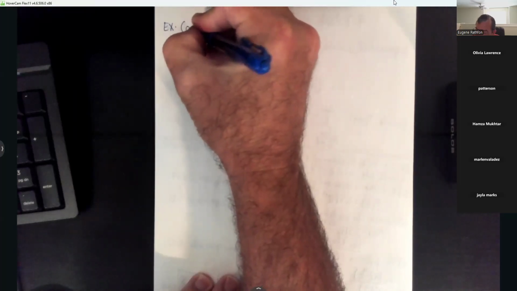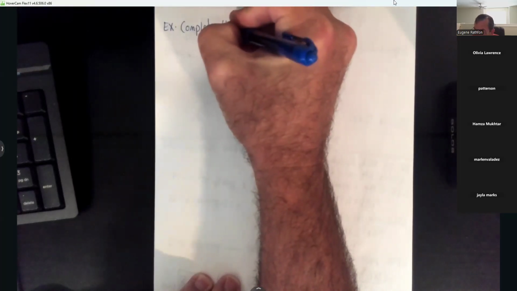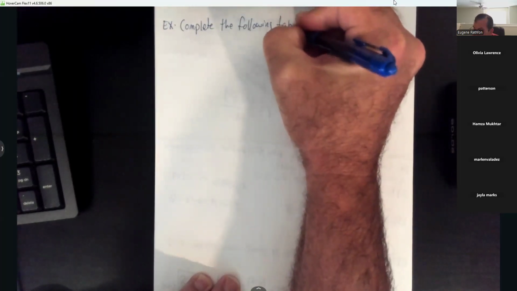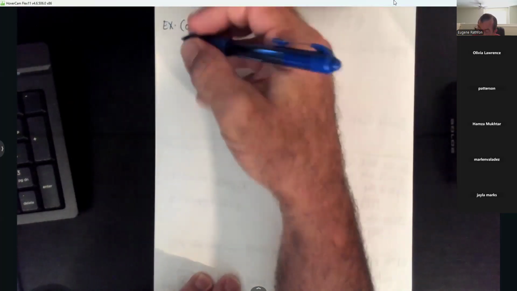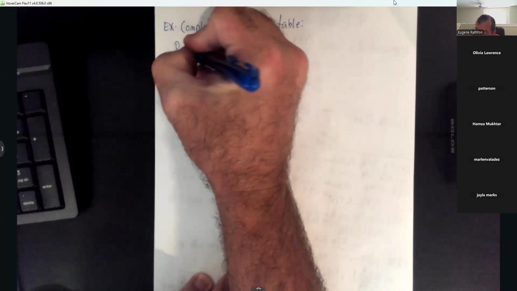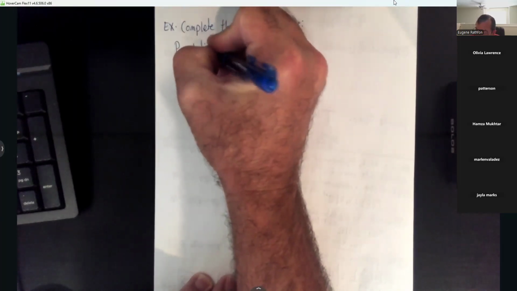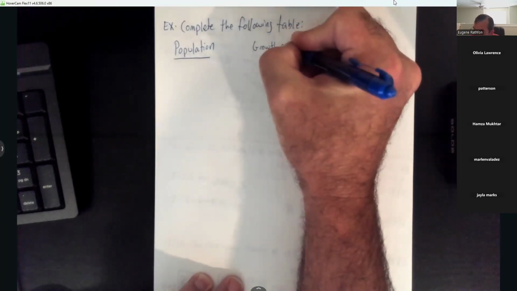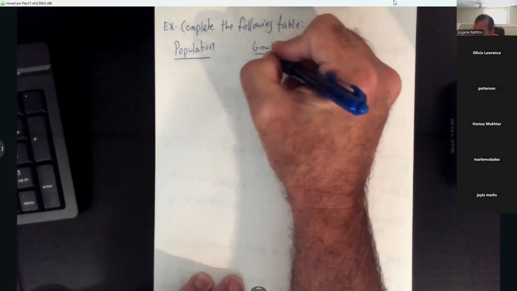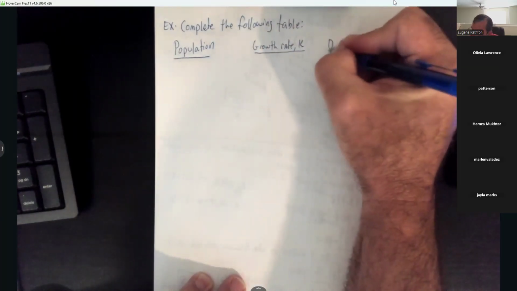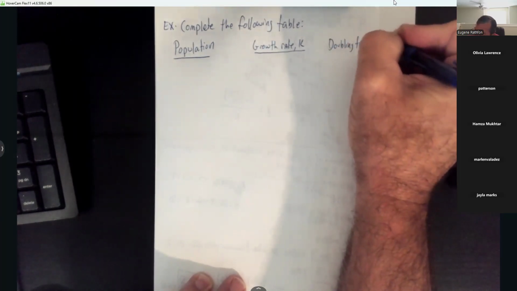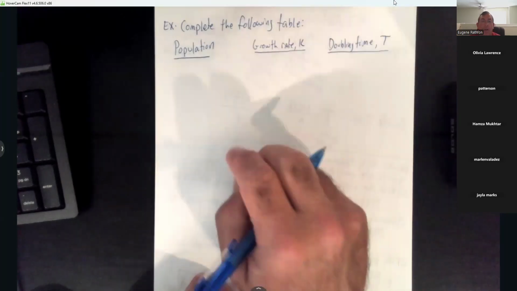So y'all, this next one, they want us to complete the following table. All right, so on this table, it'll say population for one column, growth rate K in one column, and then our doubling time, capital T, in one column.